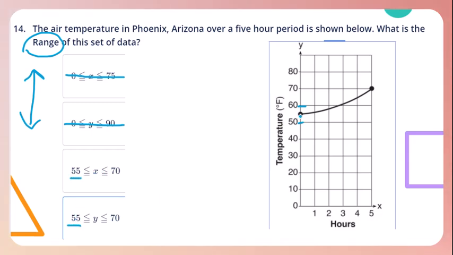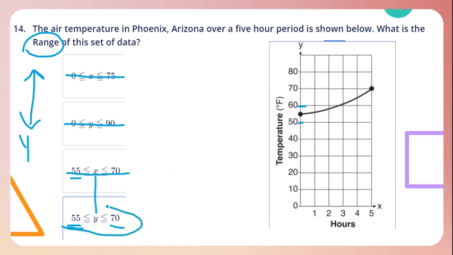but are we looking at our x or our y values? When we're looking at range, we're looking at the y values, so we're going to scratch this out. So the y values go from positive 55 to 70.